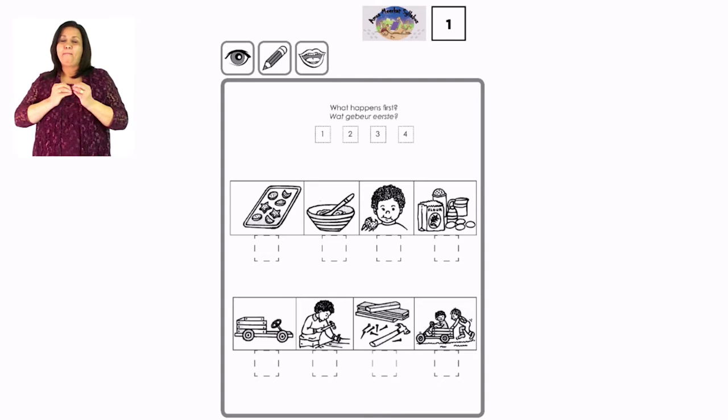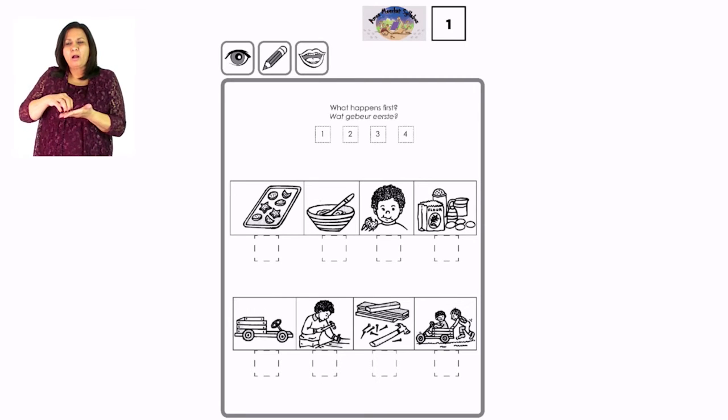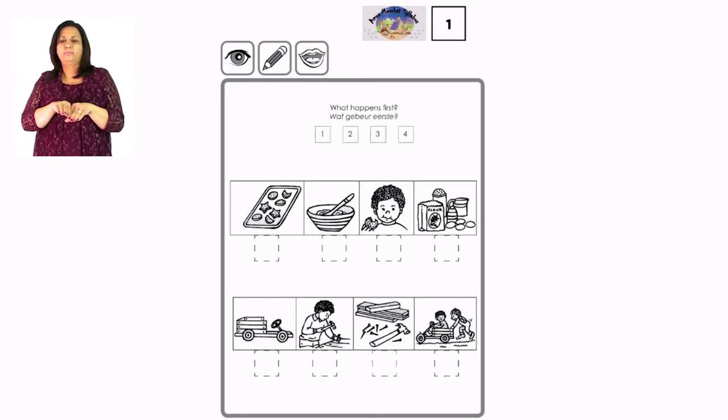Let's look at the picture at the bottom. The little boy would like to make a nice toy, a little toy car. What does he do? He needs to have all his equipment. He needs planks, he needs nails, he needs a hammer.